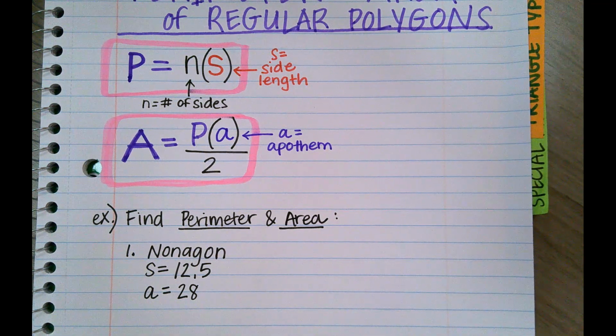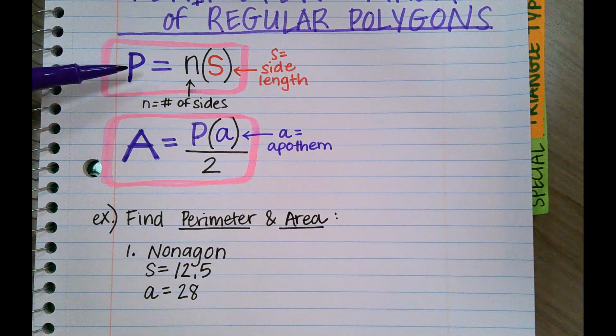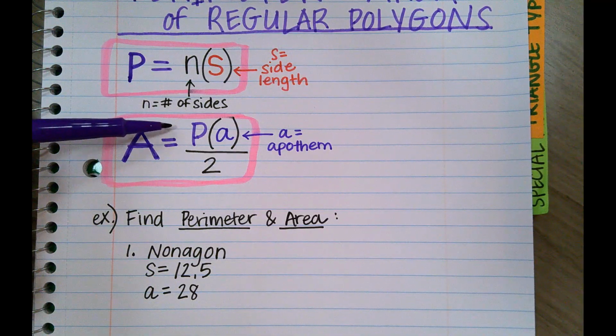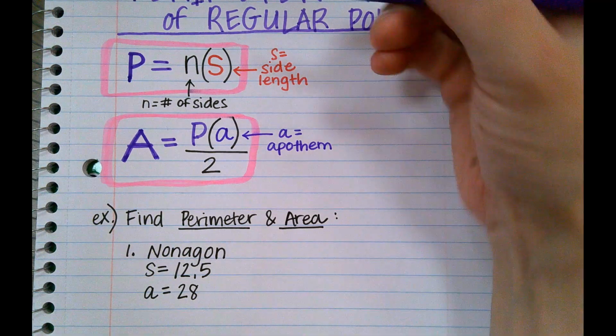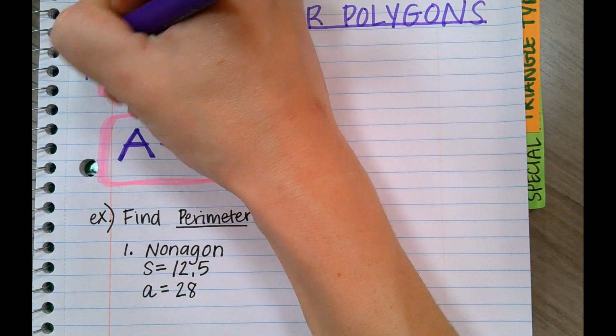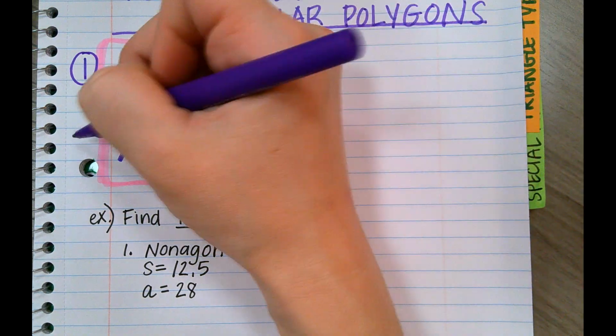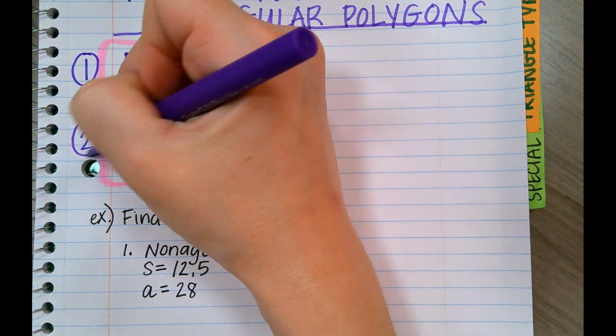So, whenever we find perimeter and area, we always need to find perimeter first because we need perimeter to find area. So, not a bad idea to maybe number this as 1 for perimeter, 2 for area.